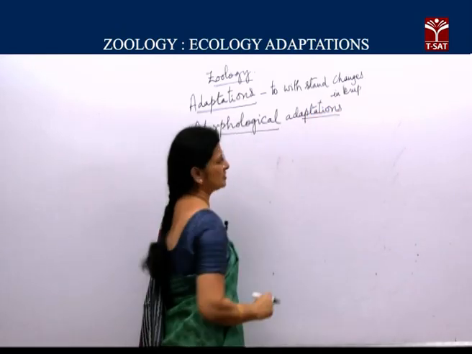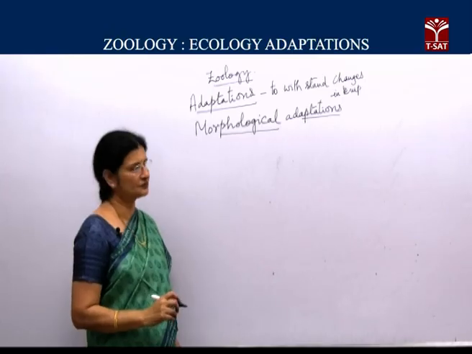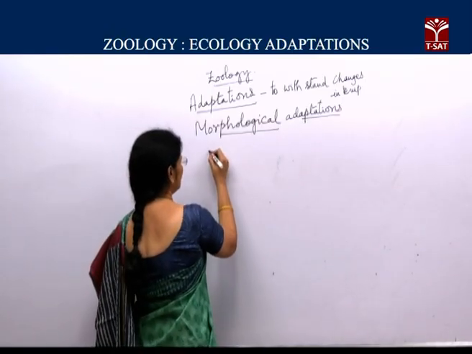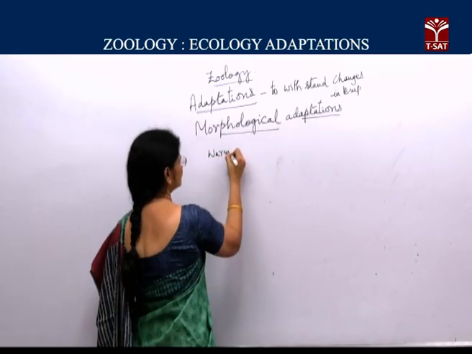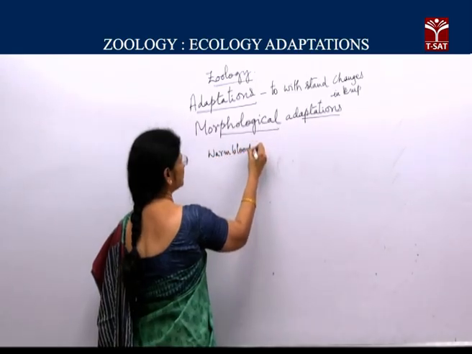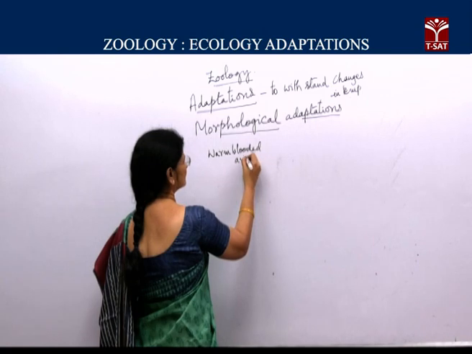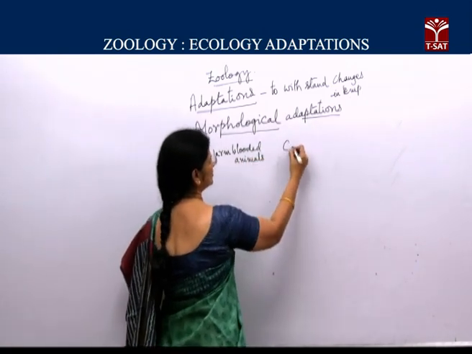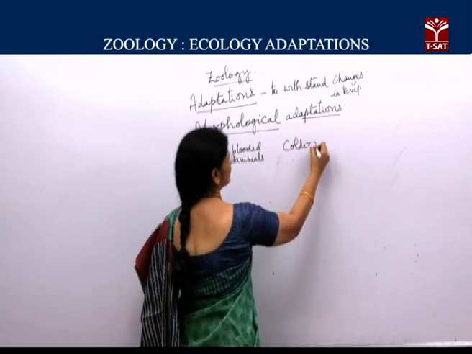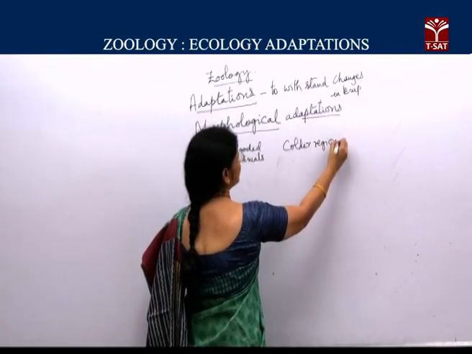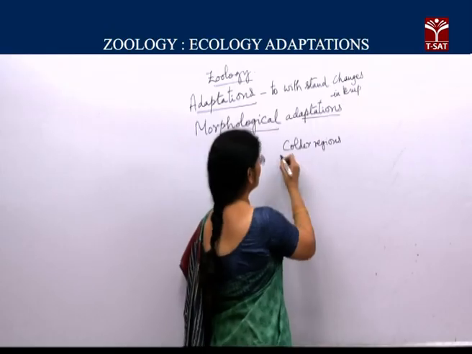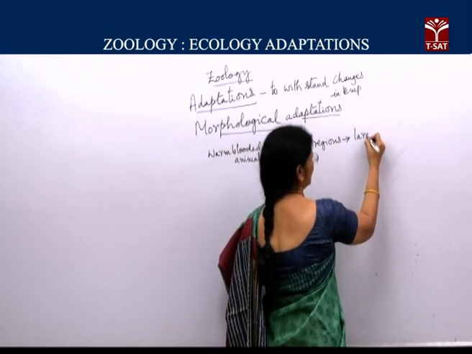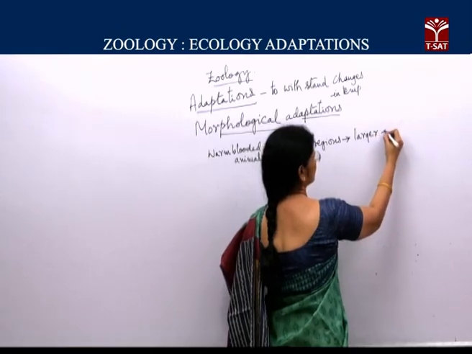Morphological adaptations. Structurally also some changes take place. Suppose mammals or warm-blooded animals living in colder regions show larger body size.